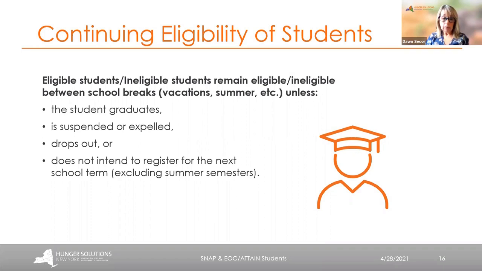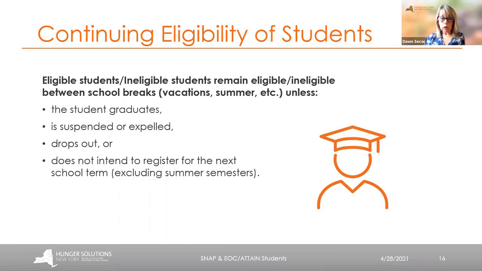Like they graduate, they are suspended or expelled, they drop out, or they do not intend to register for the next school term. For an eligible student, the applicant must still meet all other income and eligibility criteria in order to continue receiving a SNAP benefit, but they stay eligible.